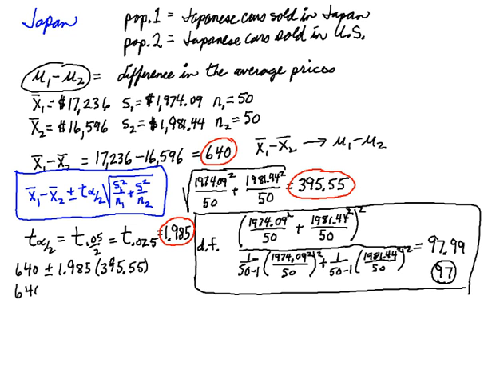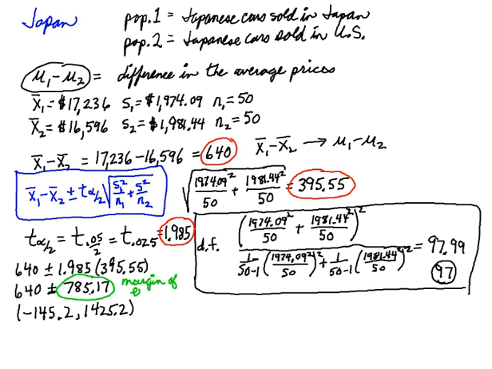Doing the margin of error, I'm multiplying the t alpha value with the standard error, so I get 785.17, and a confidence interval of negative 145.2 to 1,425.2. My margin of error is $785.17.